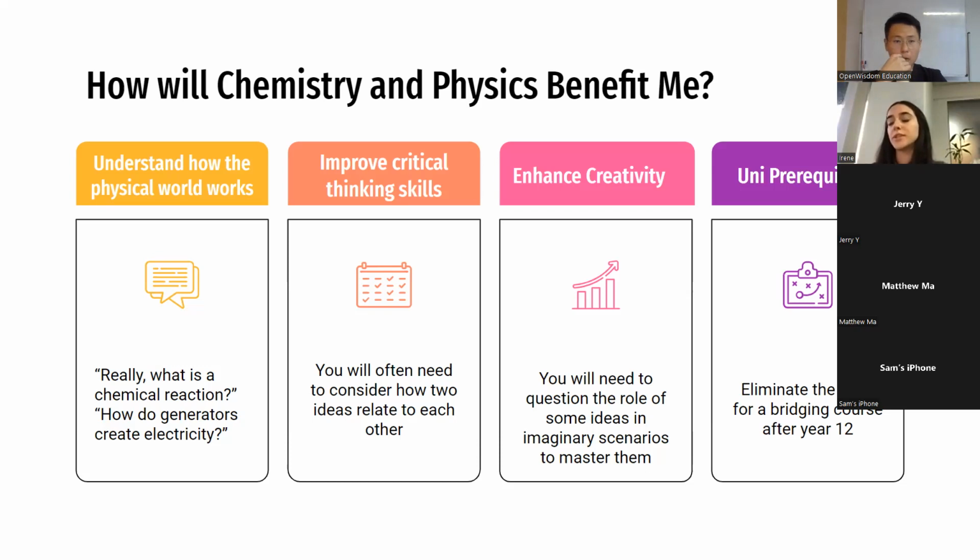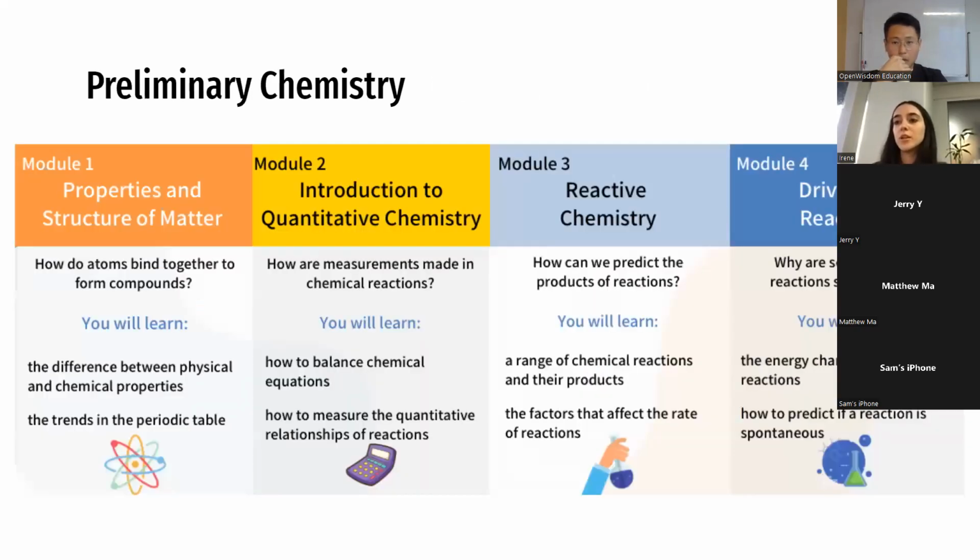A bridging course is basically a course that is offered by universities for some of the subjects in year 11 and 12 for students that haven't done those subjects but need them for uni. So by doing them in year 11 and 12, you don't have to do a bridging course before you start uni. So we will look at the syllabus for preliminary chemistry and HSC chemistry.